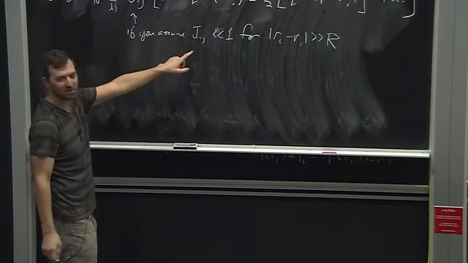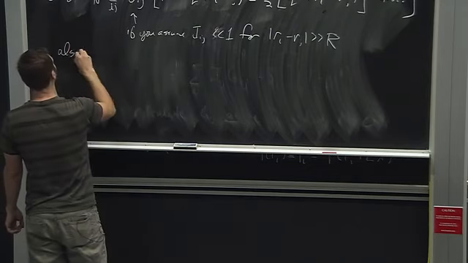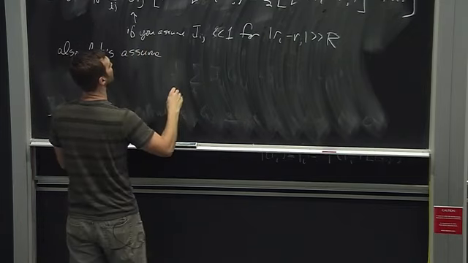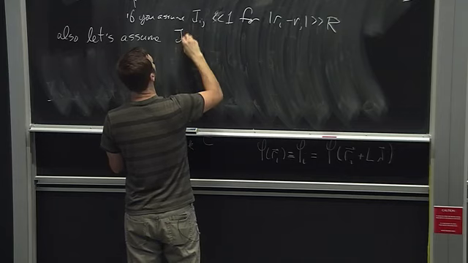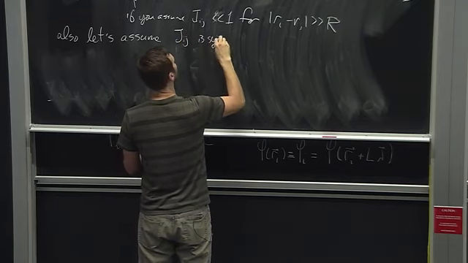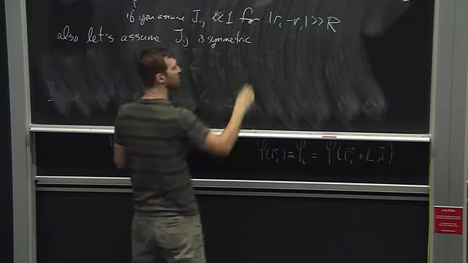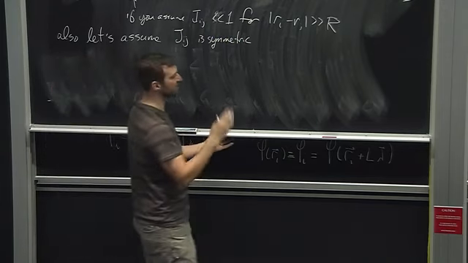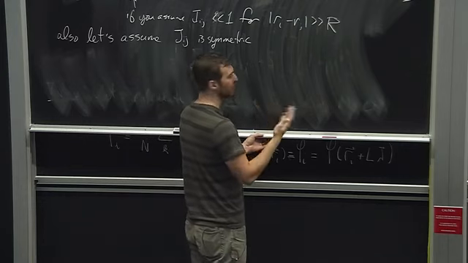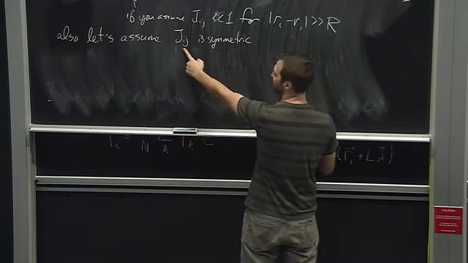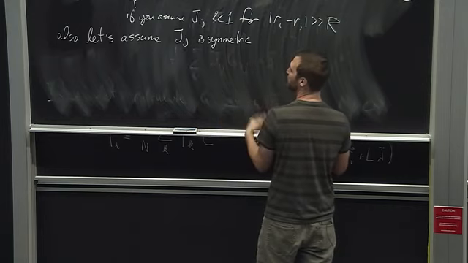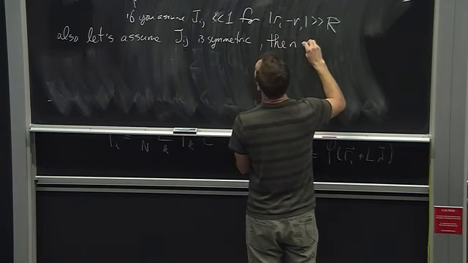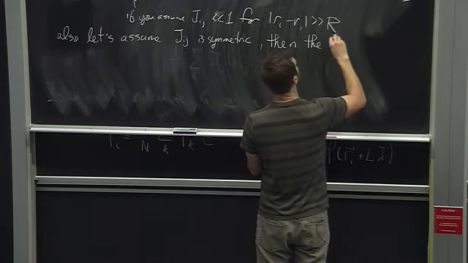So that's also an assumption on Jij. This is some sort of point group symmetry, I guess. It's a discrete symmetry if you reflect around the special points in the hypercube. Then the linear term disappears.